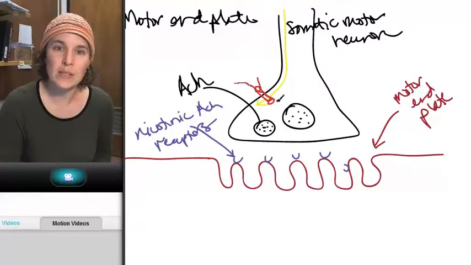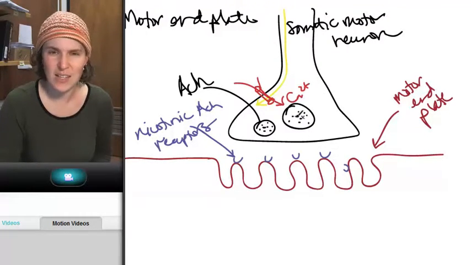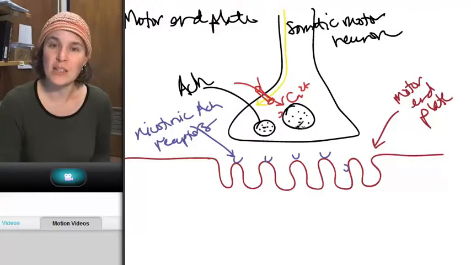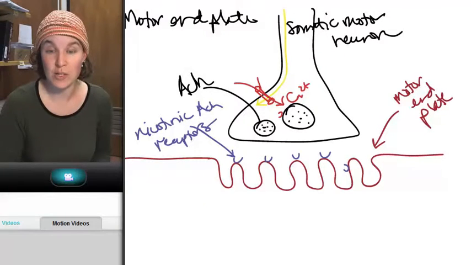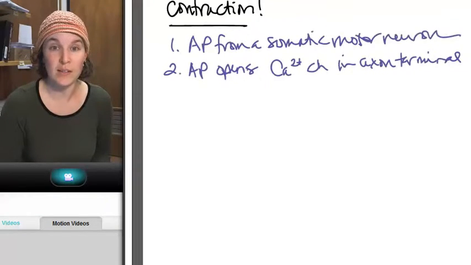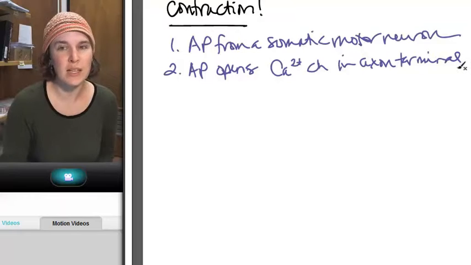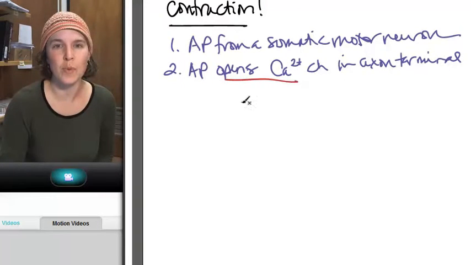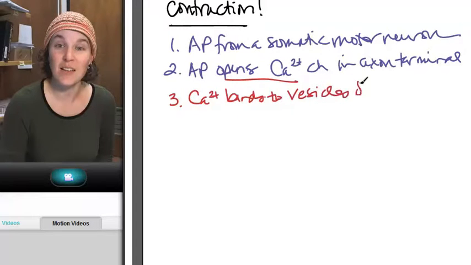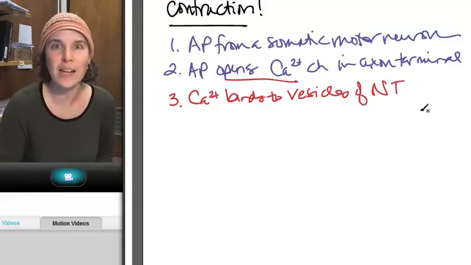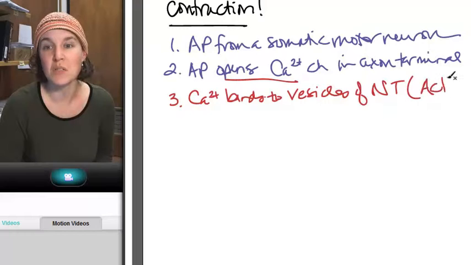Calcium rushes in. Calcium, what an important molecule. Calcium binds to these vesicles of neurotransmitter. Let's do that. Calcium channels in axon terminal, they open. Calcium binds to vesicles of neurotransmitter. What kind of neurotransmitter? Acetylcholine.